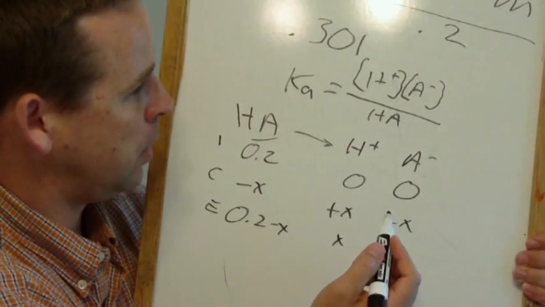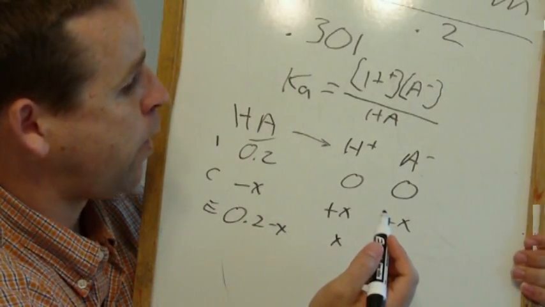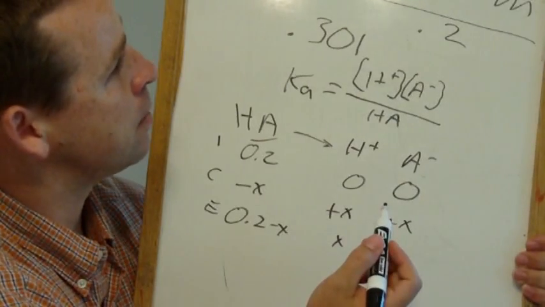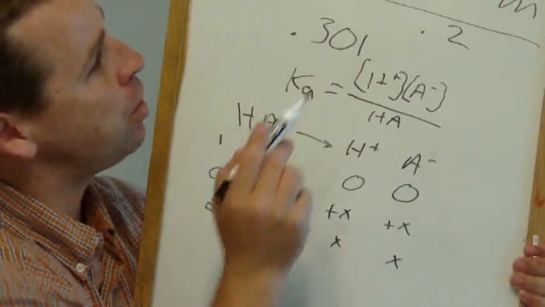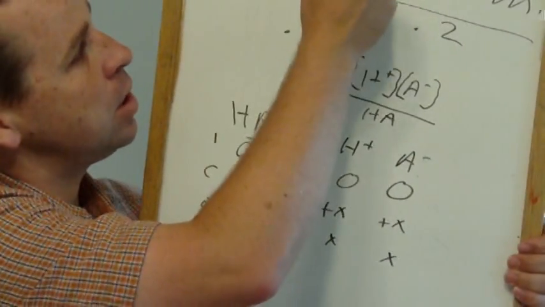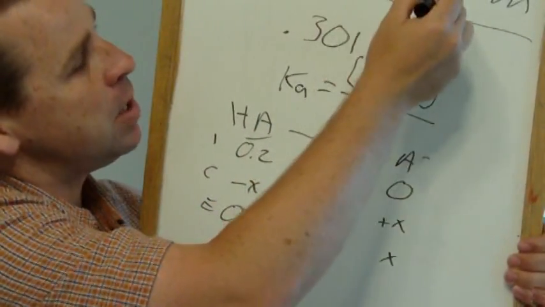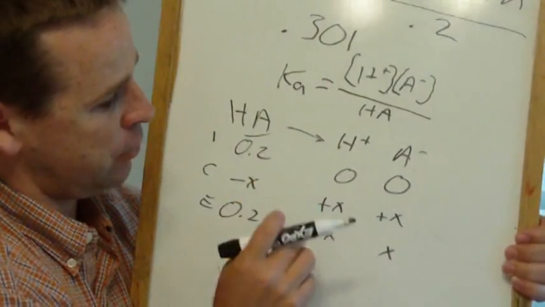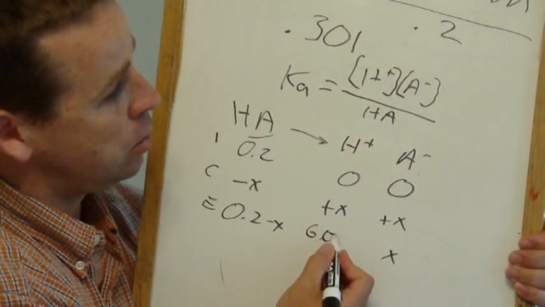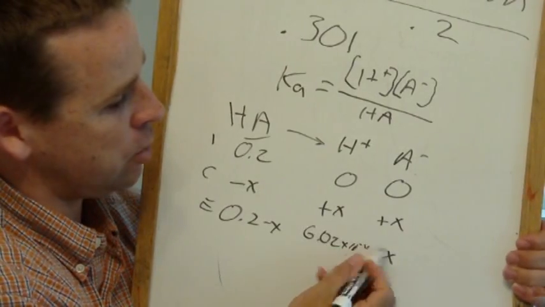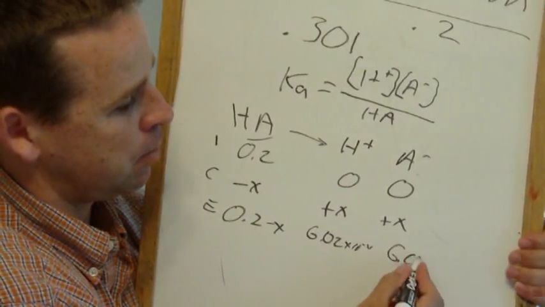And we know that based on the pH, the concentration of the H plus ion was 6.02 times 10 to the minus 4. So we know that this X here is actually 6.02 times 10 to the minus 4, and this one has to be the same.